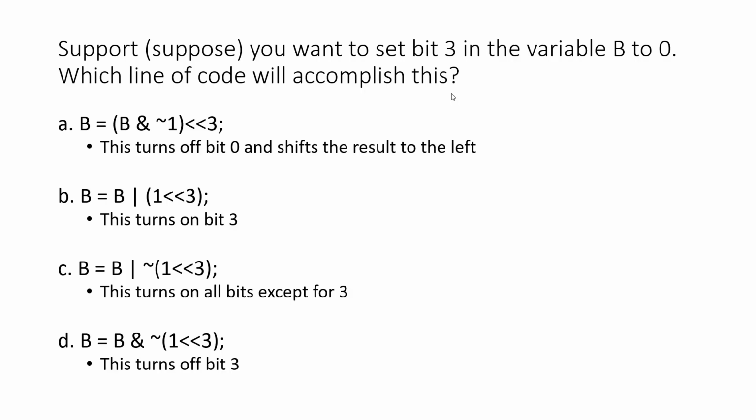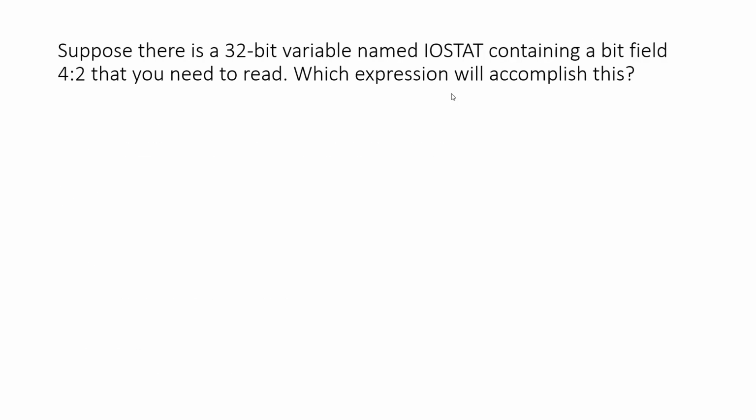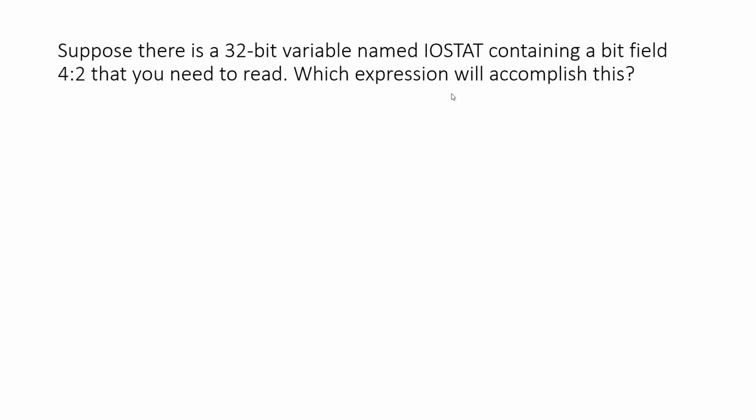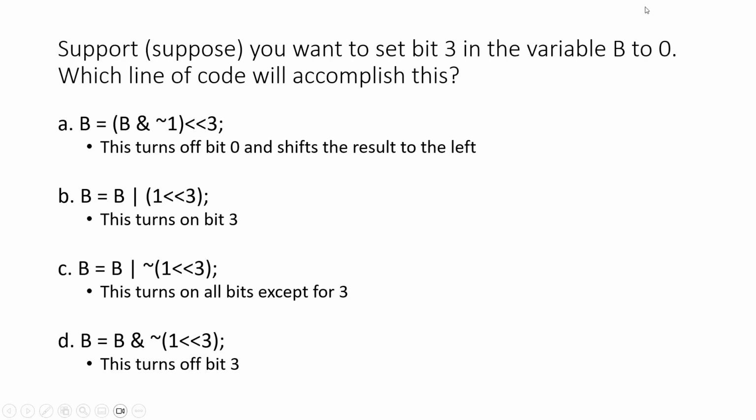This one turns on all bits except for bit 3. Why does it turn on and not mask? Because there's an OR here. And this one is doing the bit mask operation. So this one turns off bit 3, right? So the answer is D. Setting a bit to 0 is the same as turning it off, right?